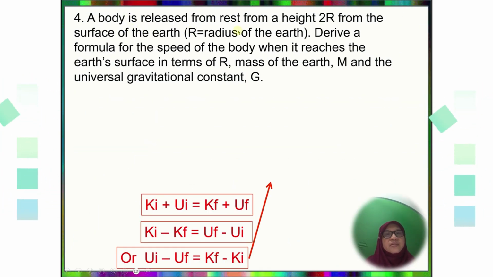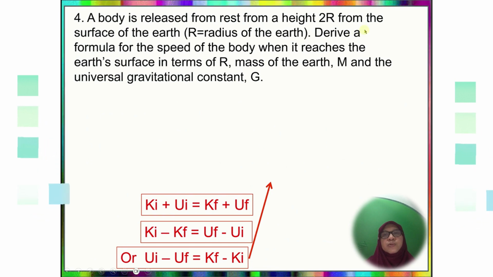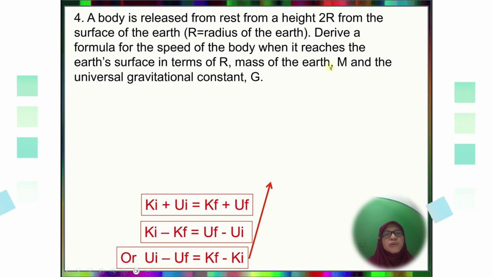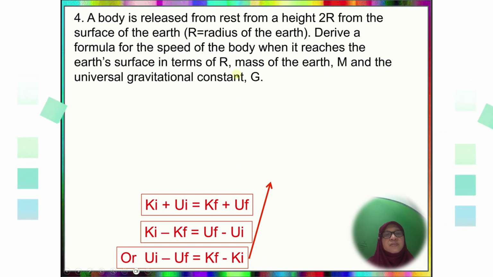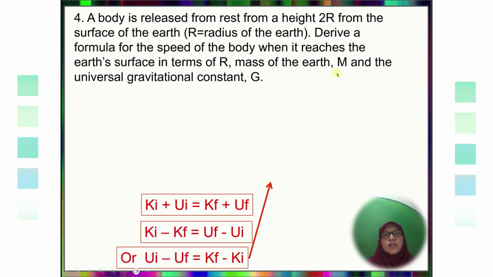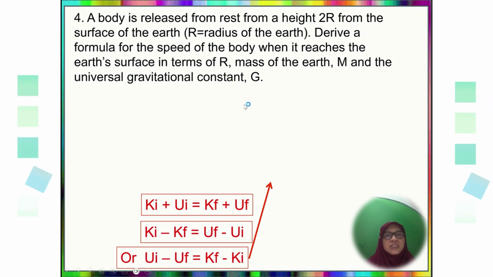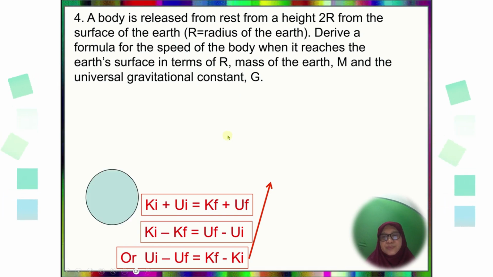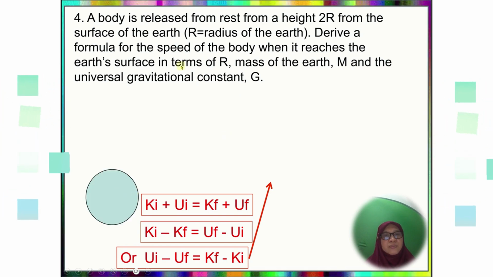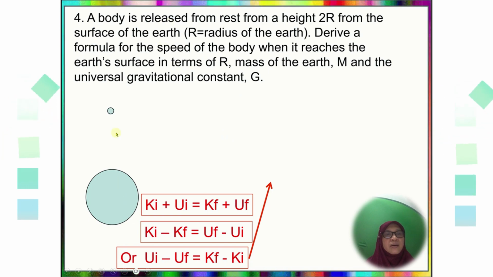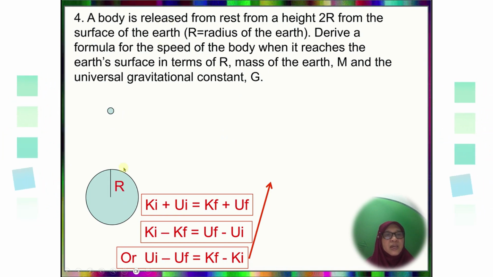A body is released from rest from a height 2R from the surface of the Earth. Derive a formula for the speed of the body when it reaches the Earth's surface in terms of R, the mass of the Earth M, and the universal gravitational constant G. To imagine what happened, the body is released from somewhere up there.